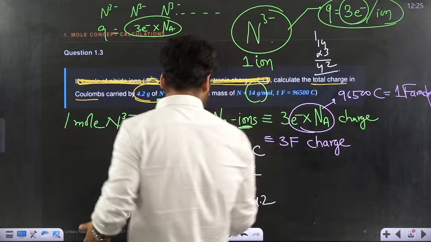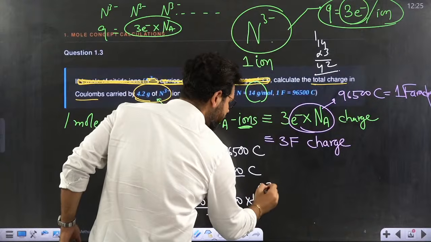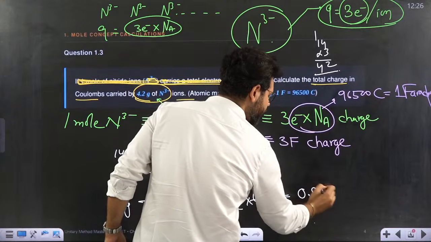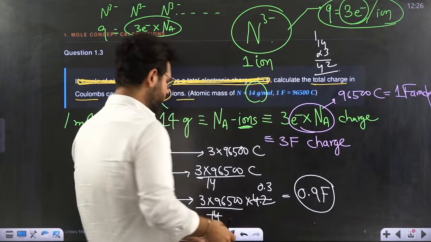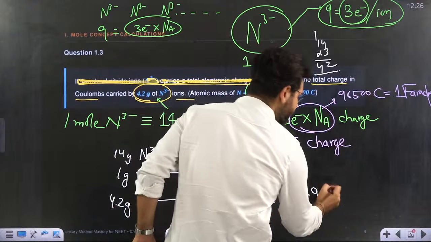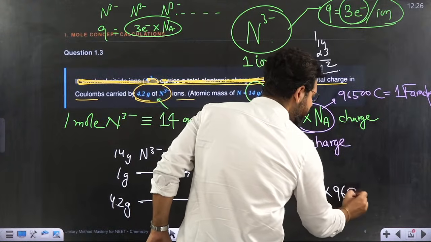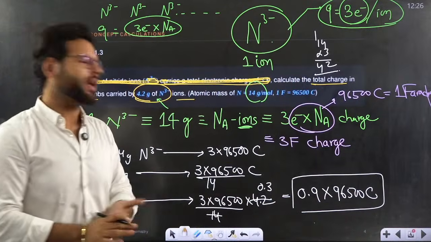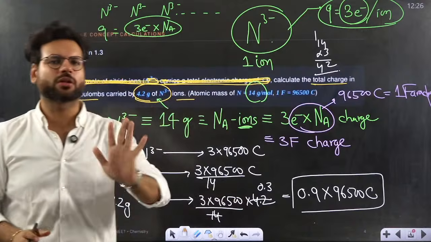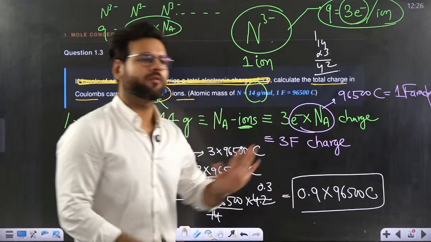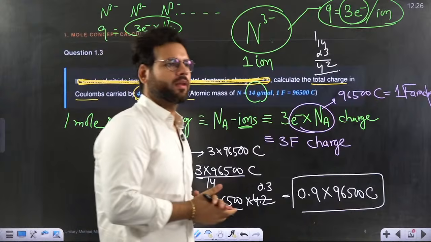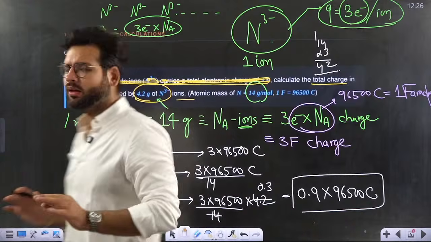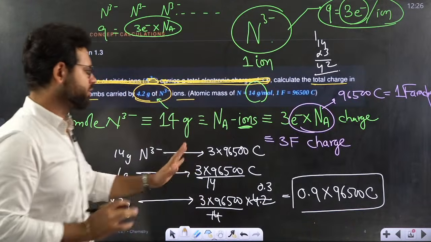So it is exactly going 0.3 times. So it is coming out to be 0.9 Faraday. 0.9 Faraday as the answer. If you want to convert it to coulombs, just multiply it with 96,500. 0.9 into 96,500 Coulomb. Okay. Around 90,000 something Coulomb will come. 92,000 Coulomb or so will be your final answer. Okay. So this is the one about this question of finding the charge.